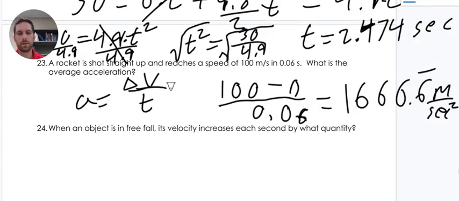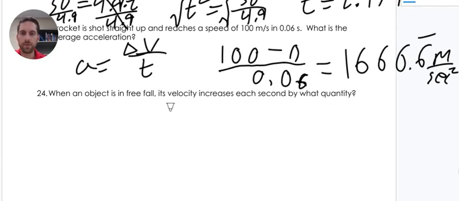All right, for the object in free fall, its velocity increases each second by what quantity? Well, g is 9.8. In this case, it doesn't matter so much that it's negative, because there's going to be multiple choice answers for the test. You shouldn't get this wrong if you confuse the two.